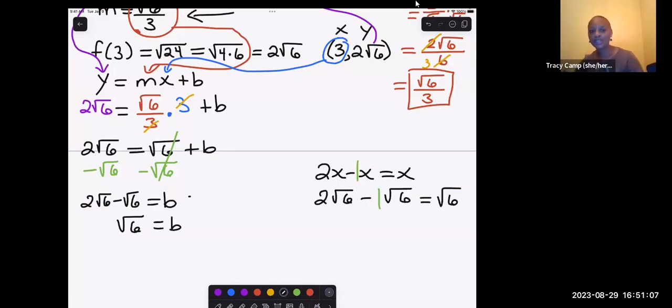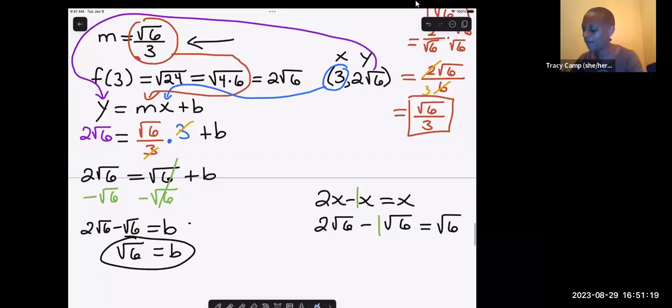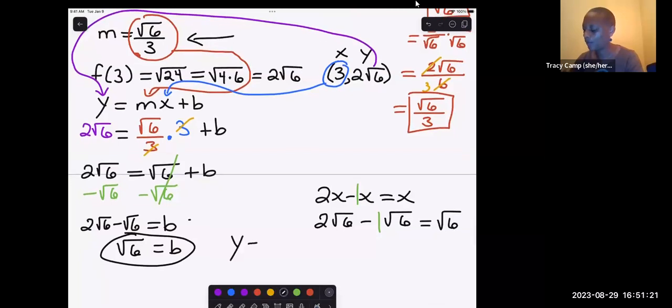And my equation, y equals mx plus b. Where's my m? My m is circled in red up there. So my equation, y equals mx plus b, I will have y equals my m, which was root 6 over 3 x plus my b, which ended up just being root 6.